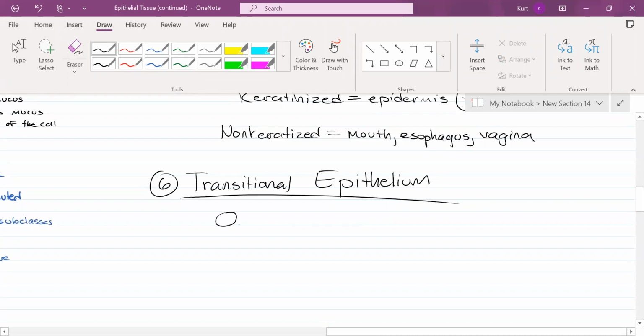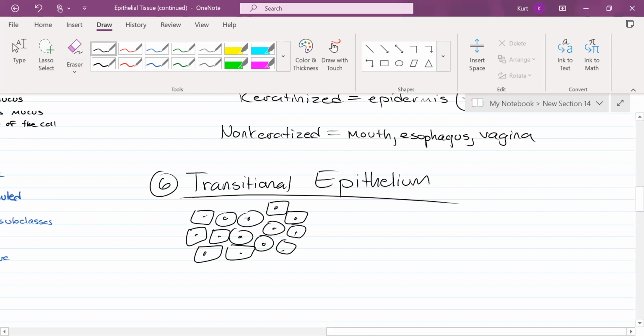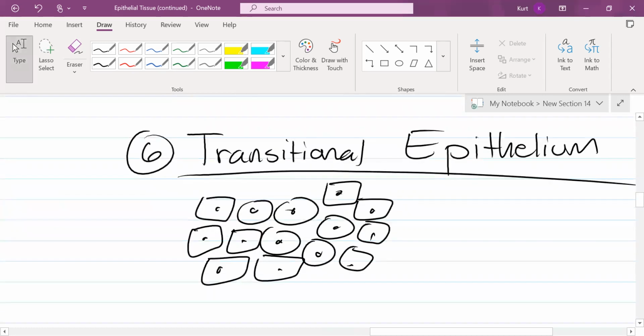Transitional epithelium kind of looks like cuboidal cells in a way. But I want you guys to notice how I drew this and why I drew it the way I did. If you look in your textbook, it looks hopefully kind of similar. You see all this green area? I did this on purpose.